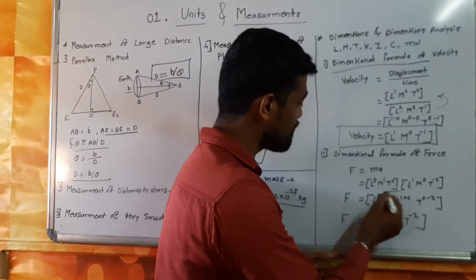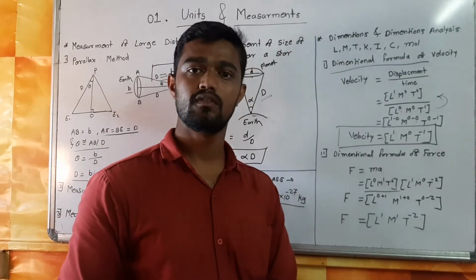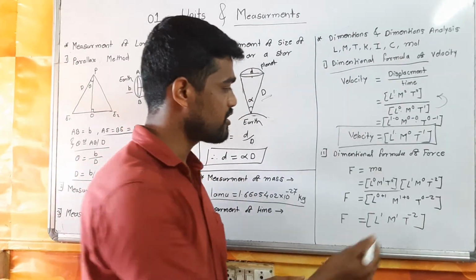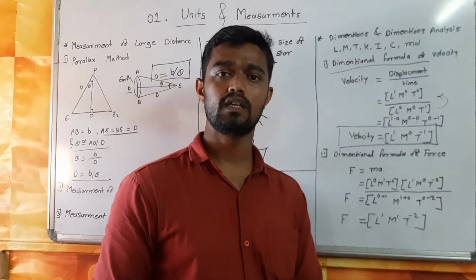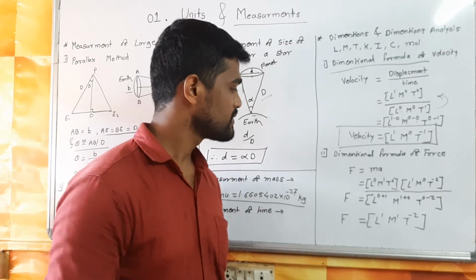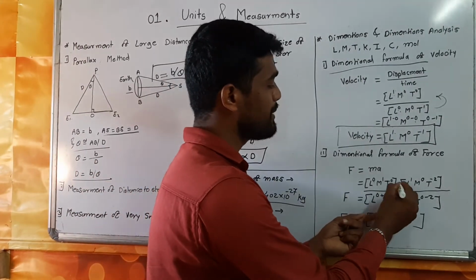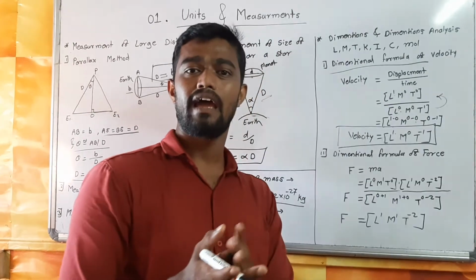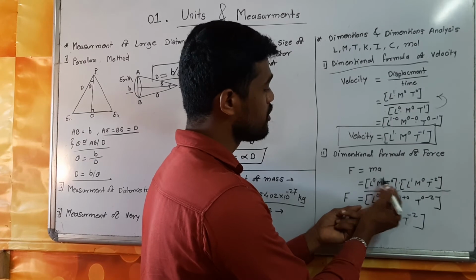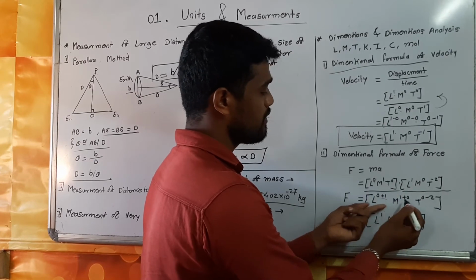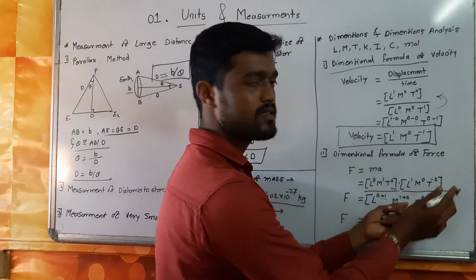The dimension of mass is L^0 M^1 T^0, and the dimension of acceleration is L^1 M^0 T^-2. Force is a multiplication, so we add the powers: L to the power 0 plus 1, M to the power 1 plus 0, T to the power 0 minus 2.